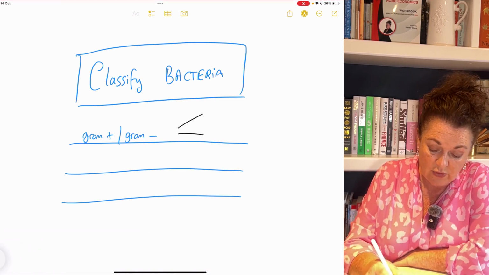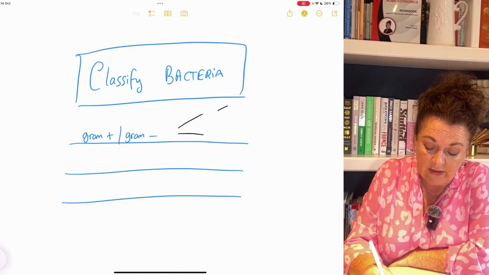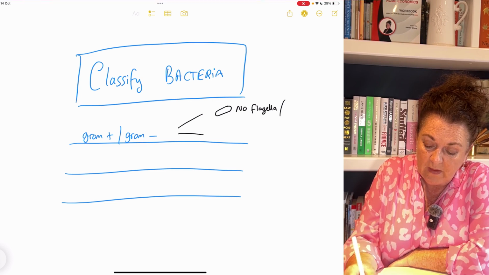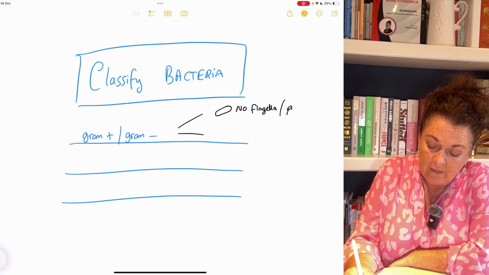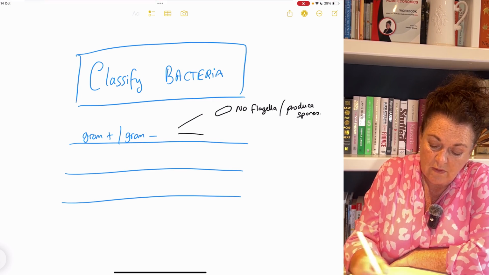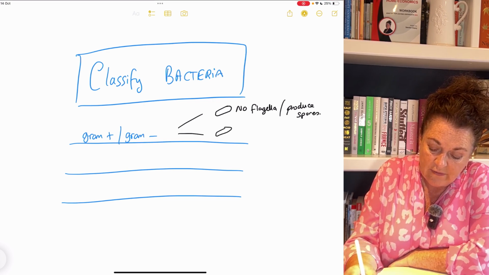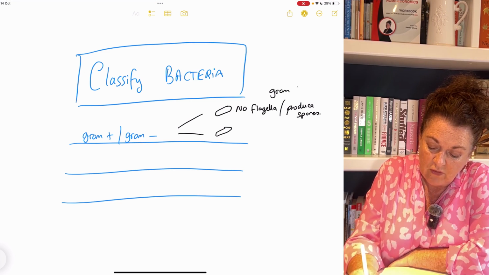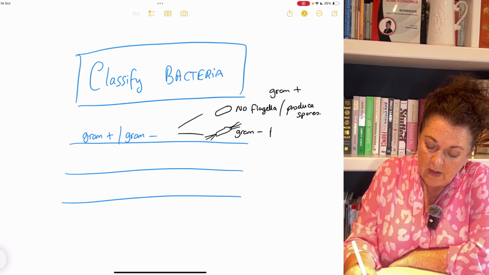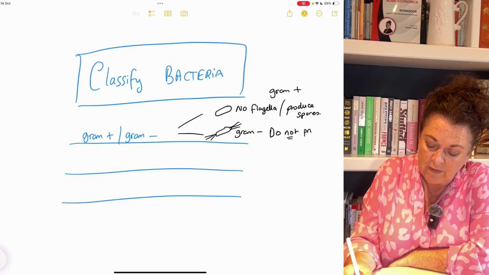Remember, you are allowed to do what I'm doing here. So gram positive, they have no flagellae, and they produce spores. Gram negative have flagellae, and they do not produce spores.